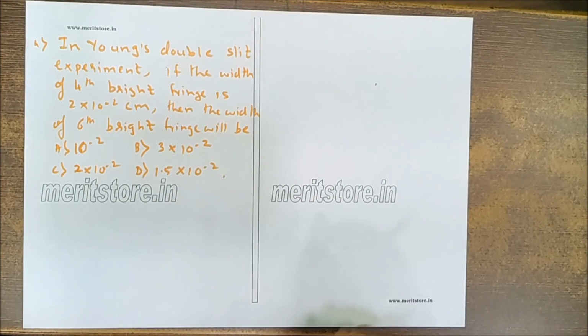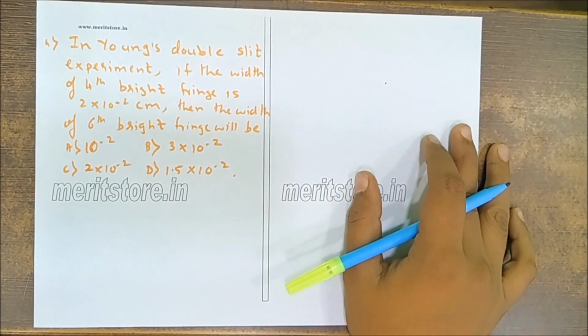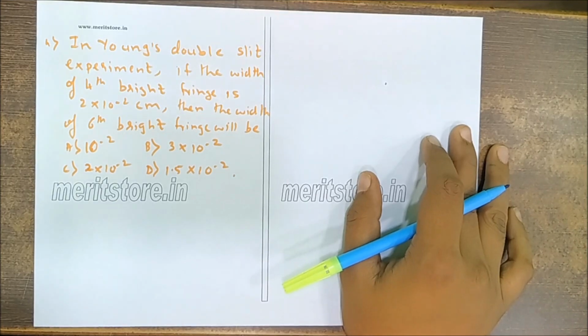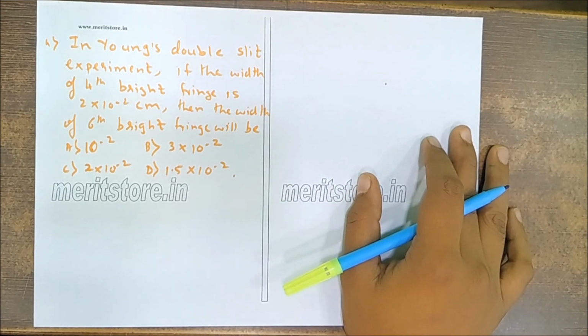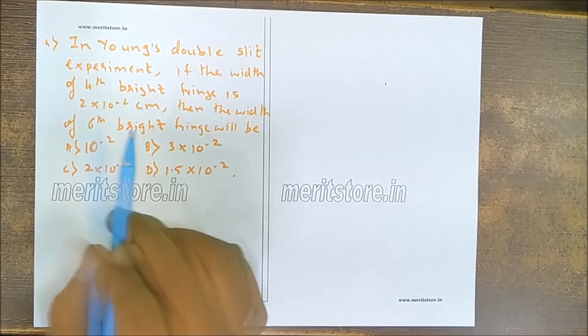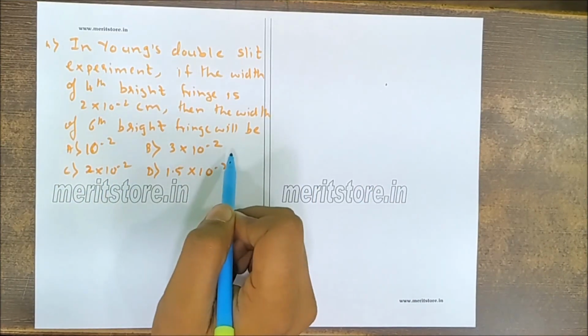The next problem. In Young's double slit experiment, if the width of the fourth bright fringe is 2 into 10 raised to minus 2 centimeters, then the width of the sixth bright fringe will be. So fourth bright fringe width has been given and sixth bright fringe width has been demanded.